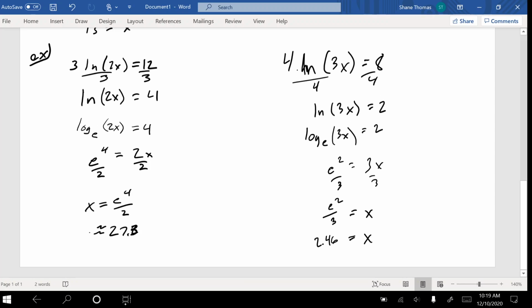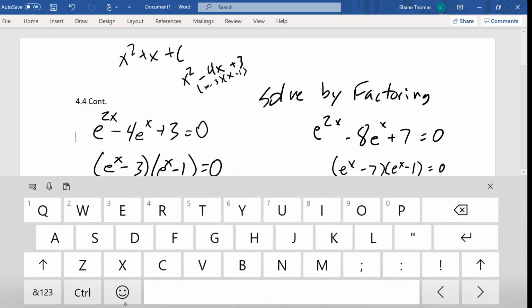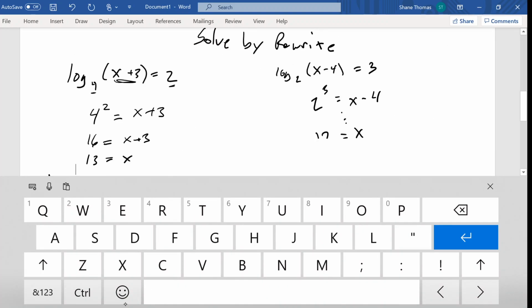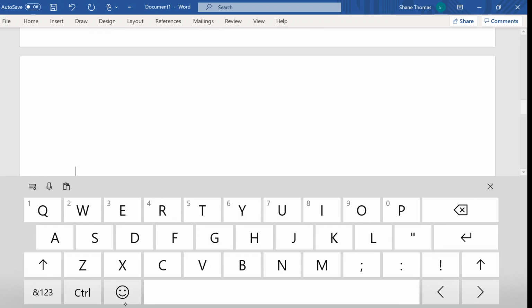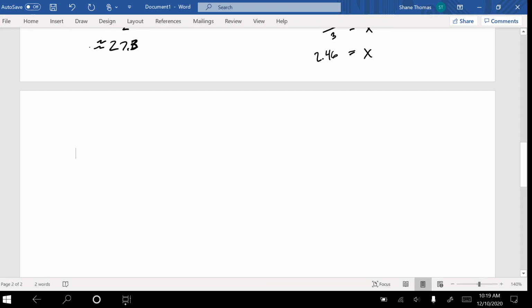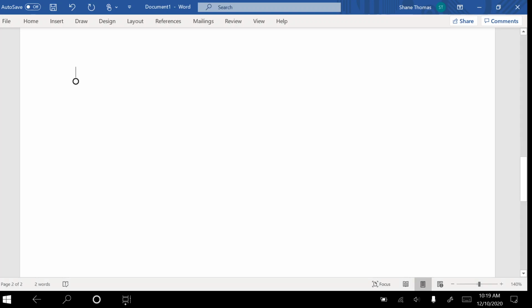All right, one more for today. All right, so last one for the day looks like this.